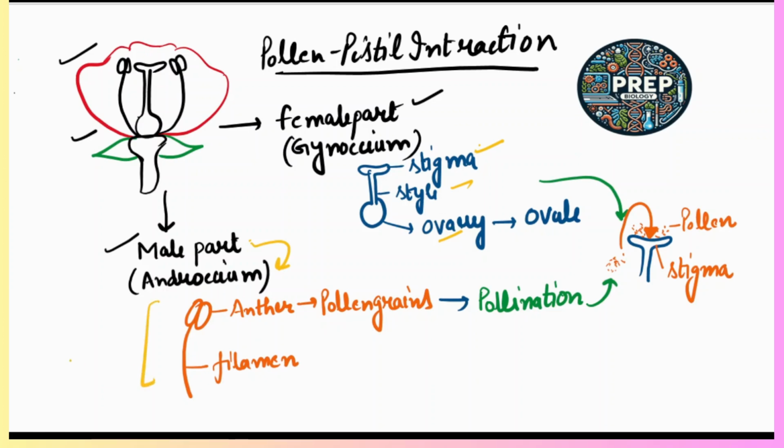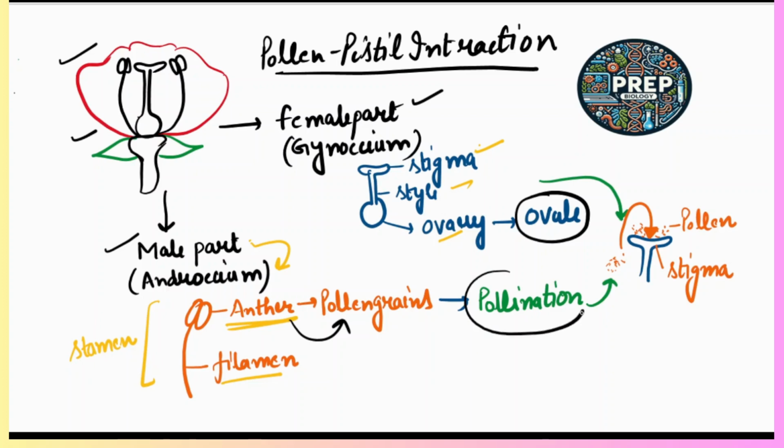It contains the stamen, and the stamen contains two very important parts, anther and filament. The anther contains pollen grains, and the pistil contains stigma, style and ovary. Inside the ovary, we have the female gametophyte, that is the ovule.